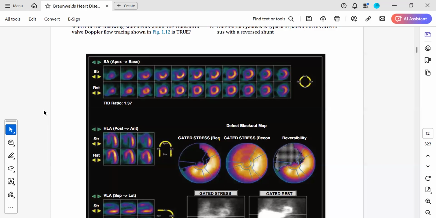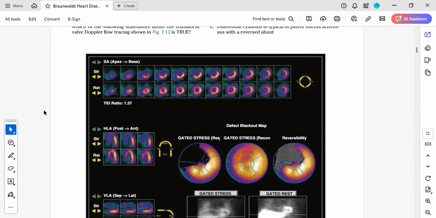So for this patient, the value is 1.37, which is greater than the 1.22 for SPECT and 1.19 for PET.